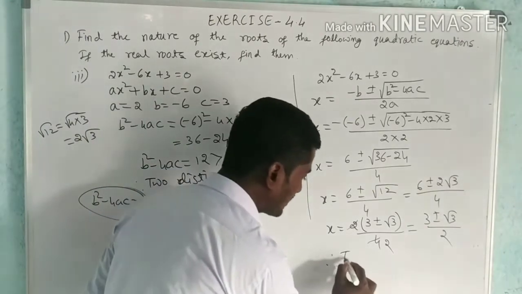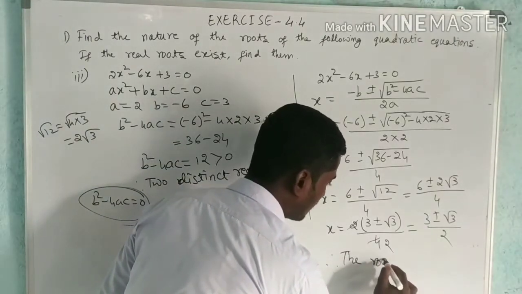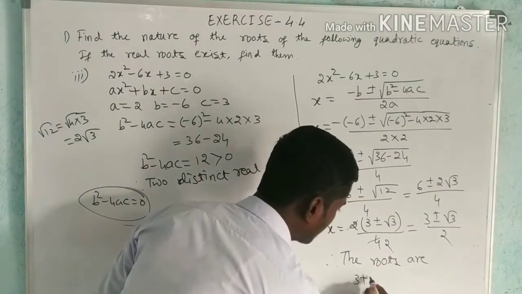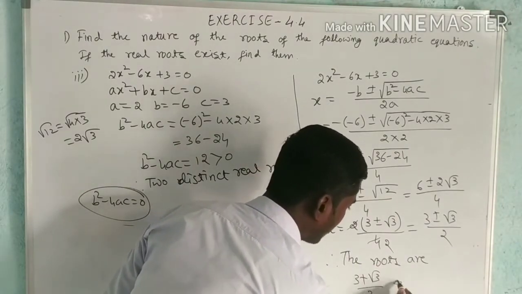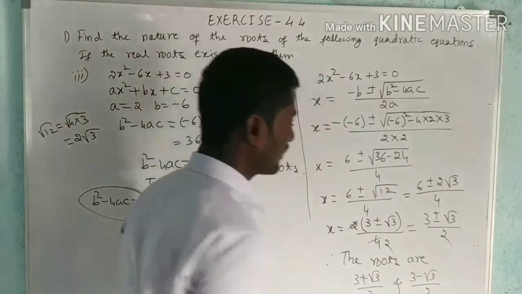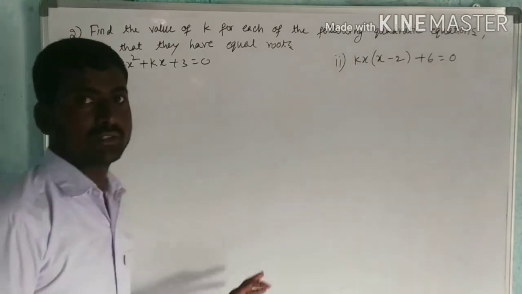Therefore the roots are (3 + √3)/2, one root, and another one will be (3 − √3)/2.